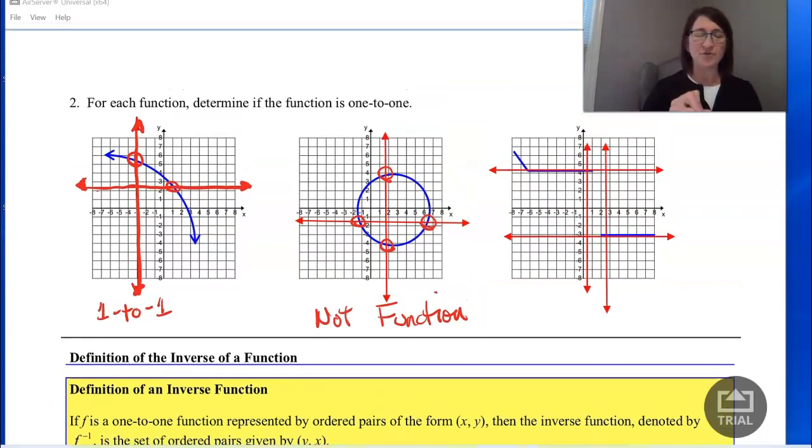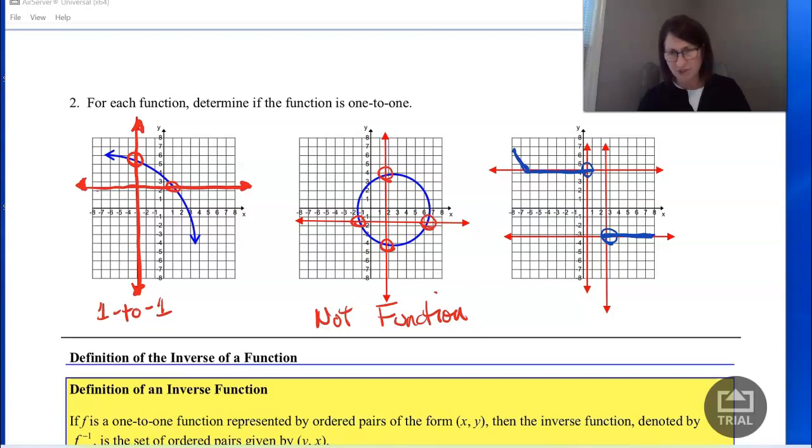All right, let me draw this a little bit more clearly. This first graph here is a piecewise graph where you have two pieces of a graph kind of separated, but they're in the same coordinate plane. So if I draw my vertical lines, they only intersect the graph in one place.